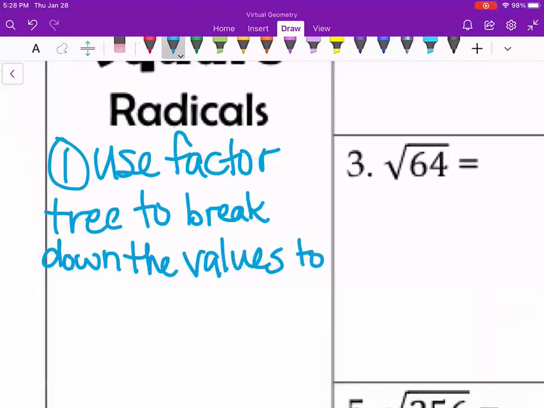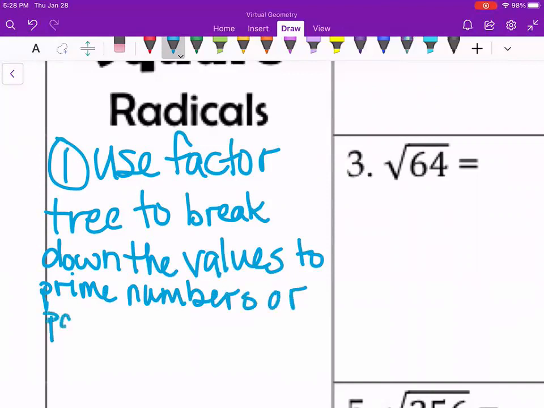And what we're looking for is breaking them down to either prime numbers or pairs. And we'll talk about that in just a second.